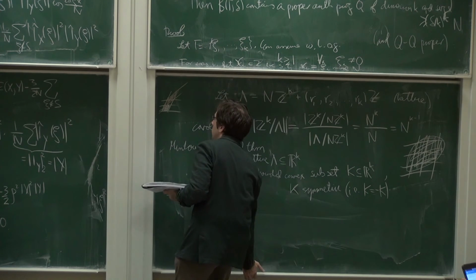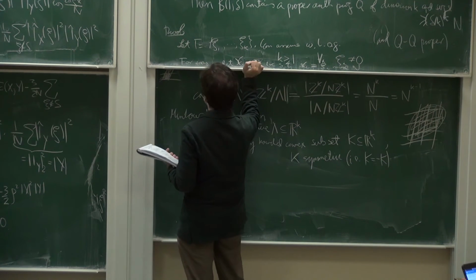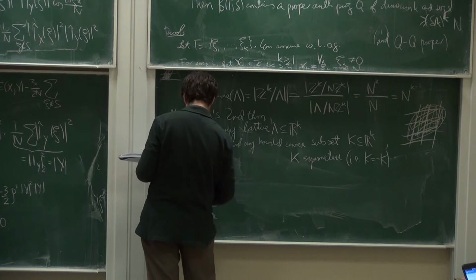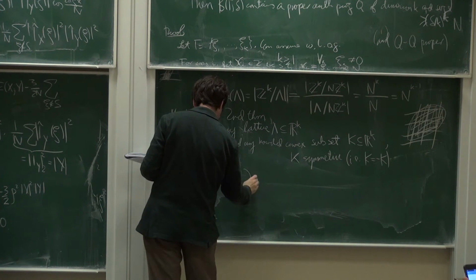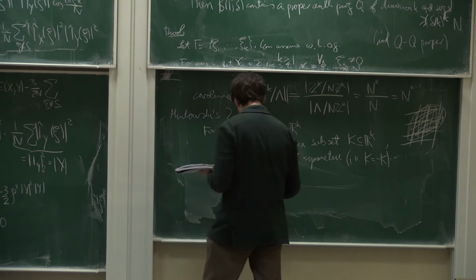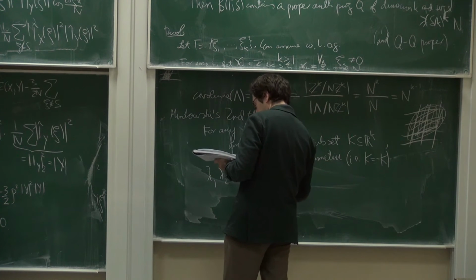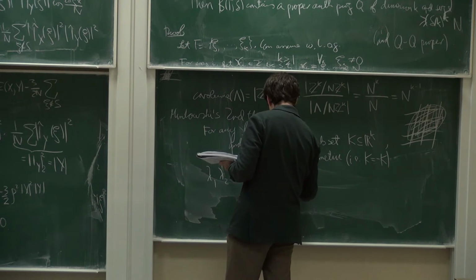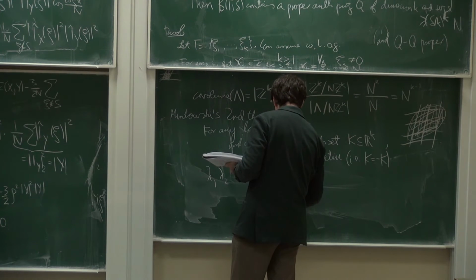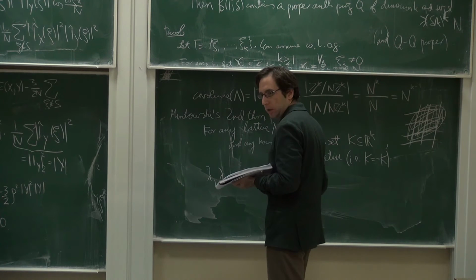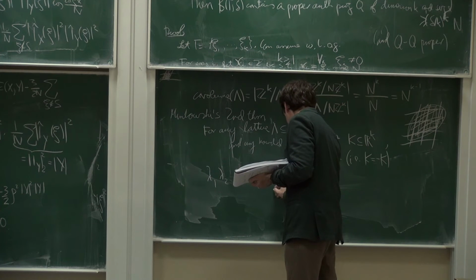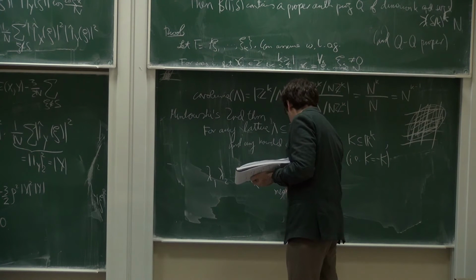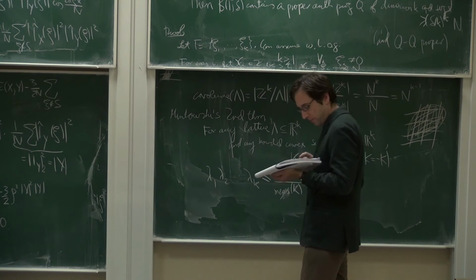So it tells you that lambda 1, lambda 2, up to lambda k, their product is at most 2 to the k times the covolume of lambda divided by the measure of K. Mu of K is just the Lebesgue measure. Is this clear?